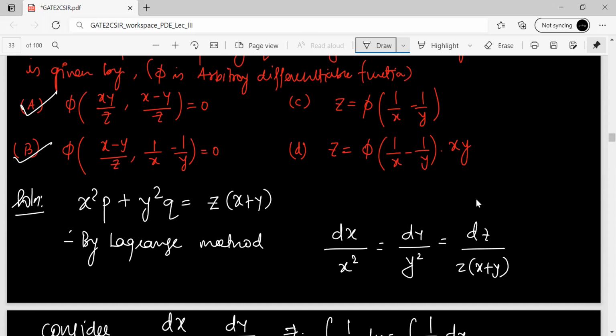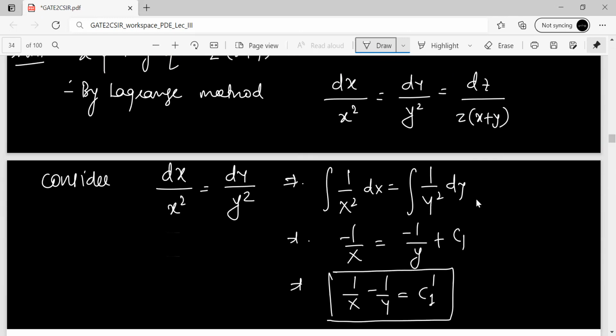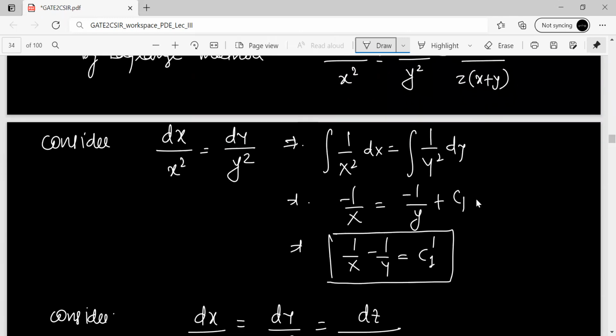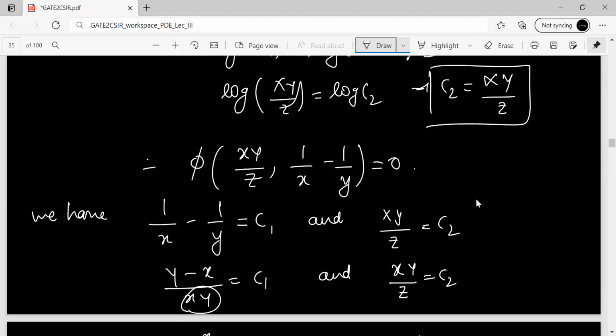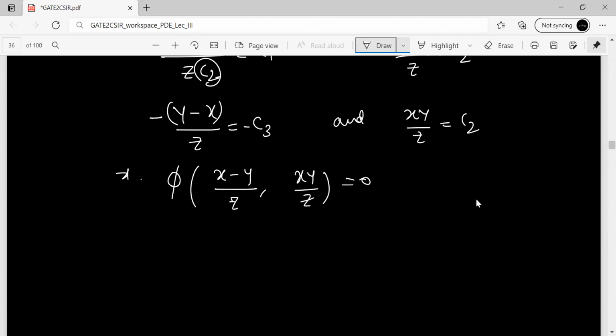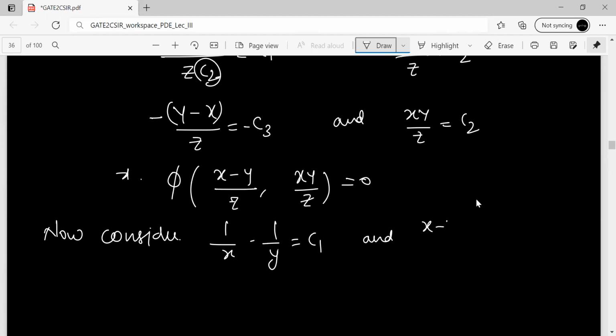And okay. In fact, what game should I play? If I write this way, let's say first one. Now consider 1 upon x minus 1 upon y equal to c1, and I know that second one was x minus y upon z equal to c3.